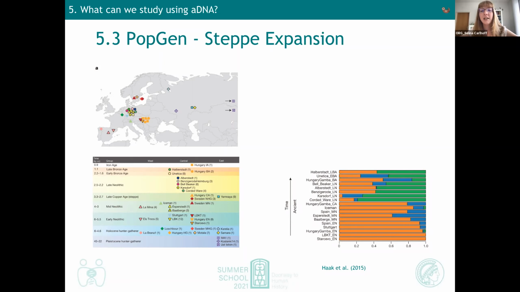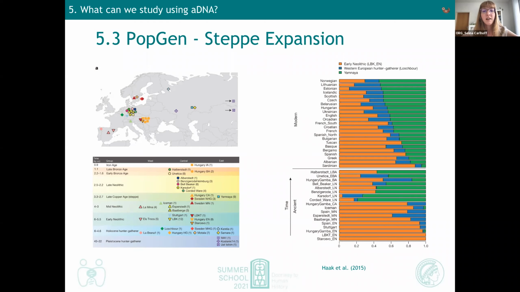In the late Neolithic, you can clearly see that there is a large new component coming in, which is represented in green, and that is modeled here by the Yamnaya culture, which is from the Eurasian steppe, so quite far away from all these Western Eurasian sites, but clearly present in all of the younger individuals from this study.